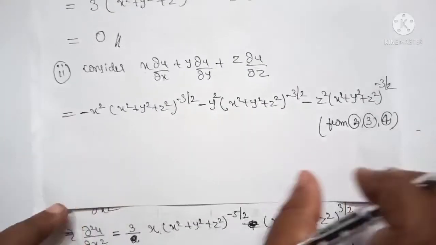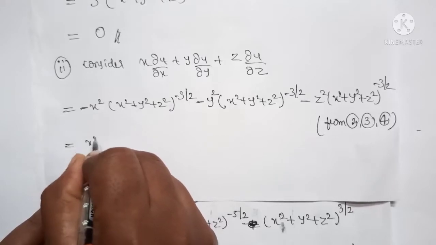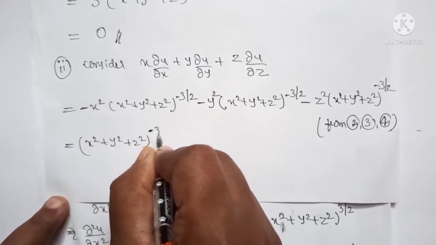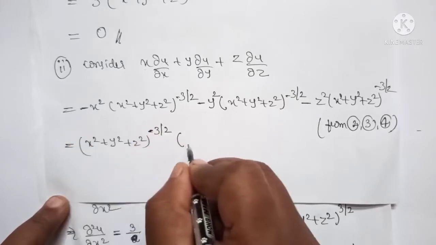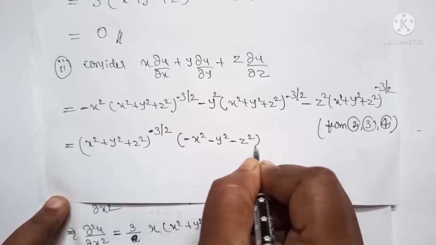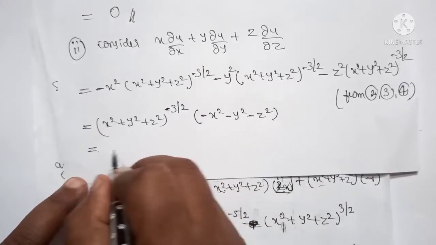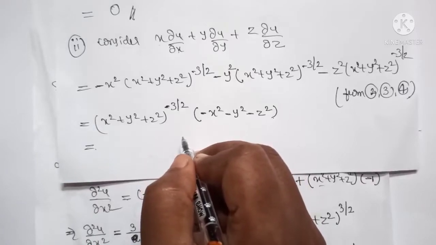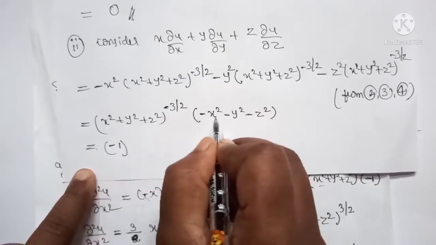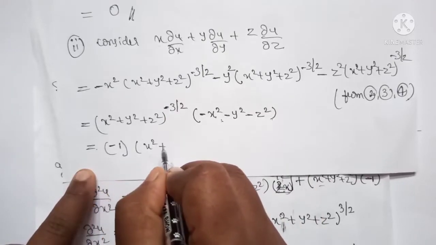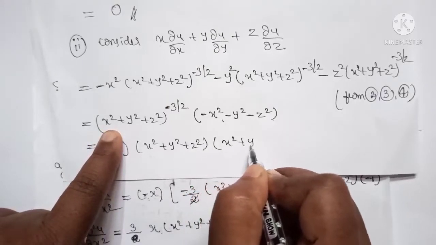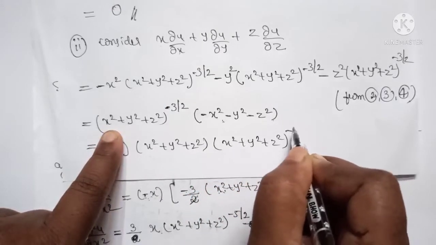So in all this we can take (x² + y² + z²) to the power minus 3 by 2 common. We get here minus x² minus y² minus z², or it can be written as, we can take minus 1 outside. If I take minus outside from this bracket, you will get minus (x² + y² + z²) times this bracket (x² + y² + z²) to the power minus 3 by 2.